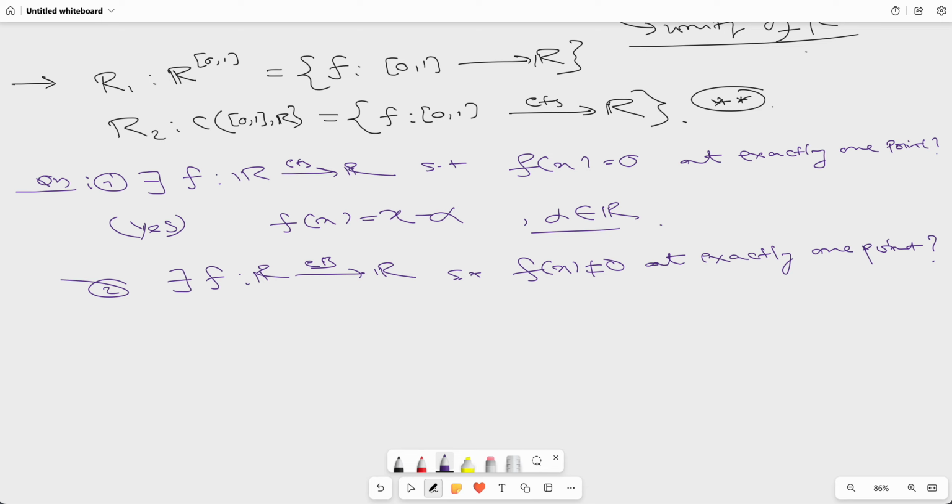You cannot choose this kind of function, so the answer is no. You should think about why yourself. You cannot find such a function. Okay, fine.